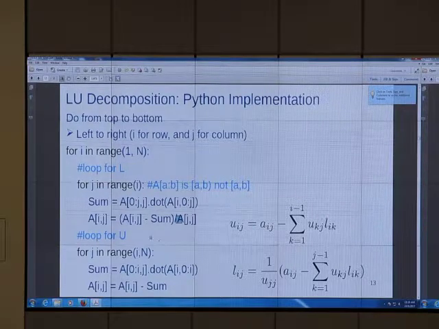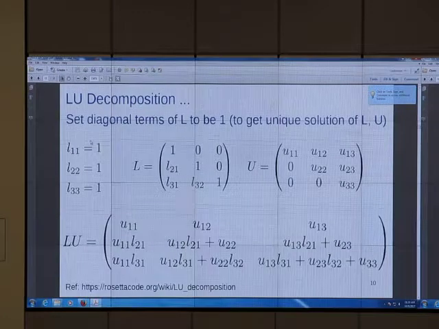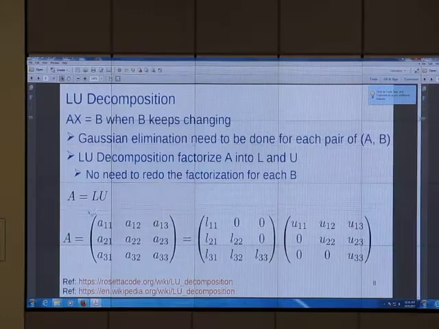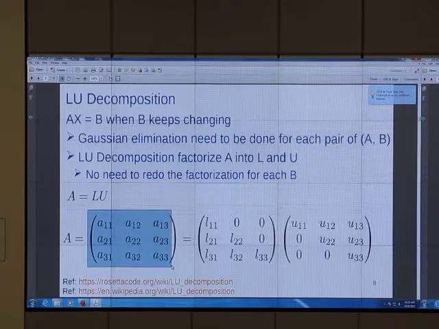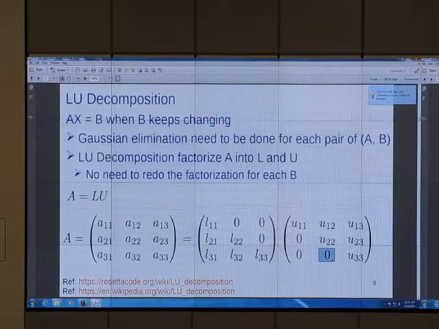So you see at the end, I update A. What does it mean? This means I go from here to the new matrix, which stores the U value in the top right and the L value on the bottom left, and I don't store the diagonal term.